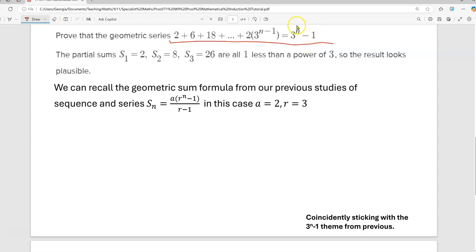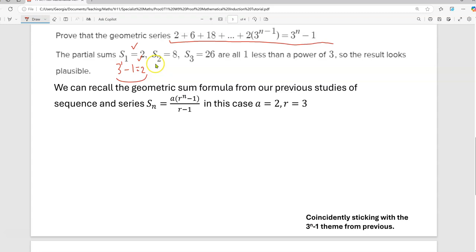So this is saying that this formula is the summation for this particular geometric series. And if we test it out, we've got some partial sums. We can test it out for the first term. That's looking good. For the first term, that's correct. The formula applies really well. That's 3 to the power of 1 minus 1. That does equal 2. We're all good with that.